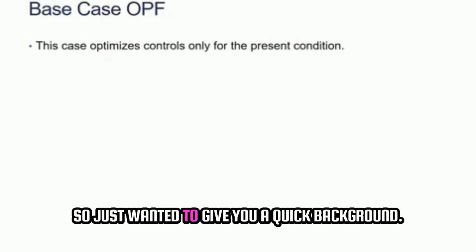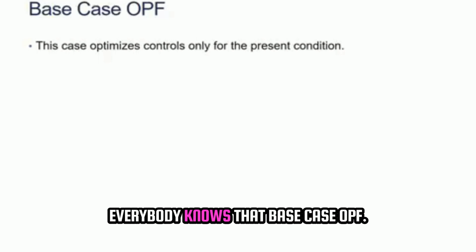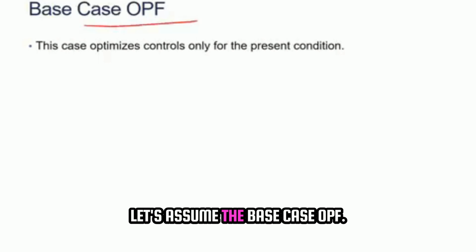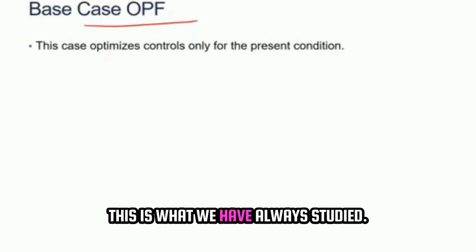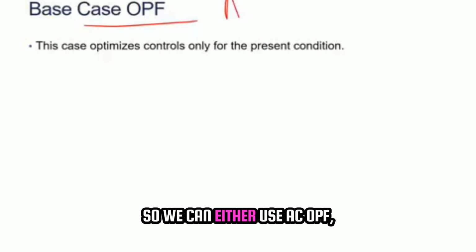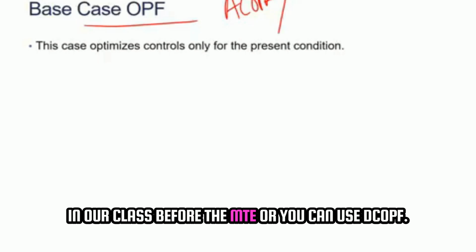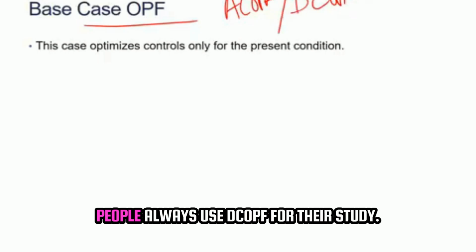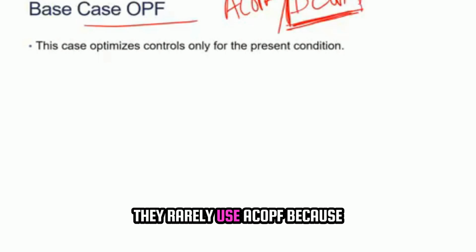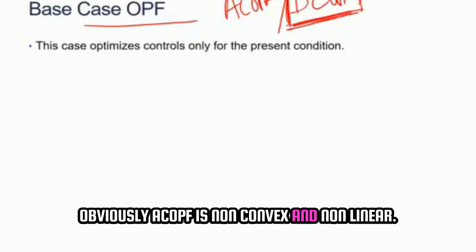So I just wanted to give you a quick background. Everybody knows the base case OPF, this is what we have always studied. We can either use AC OPF, which we discussed in our class before the MT, or you can use DC OPF. I can tell you from my experience, people always use DC OPF for their studies. They rarely use AC OPF because AC OPF is non-convex and non-linear.